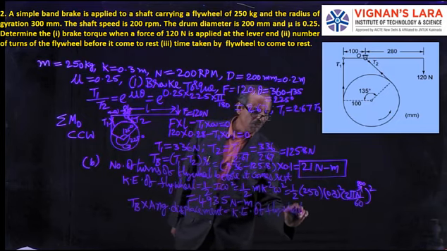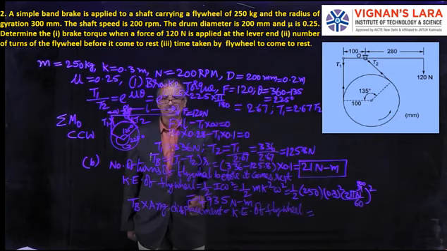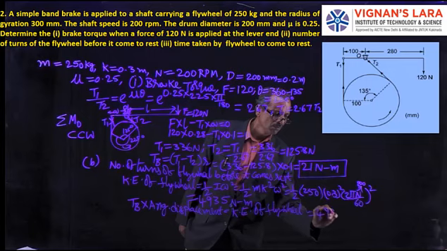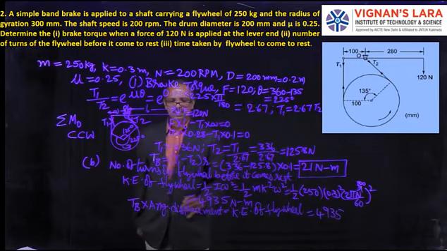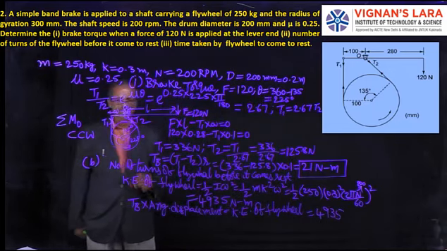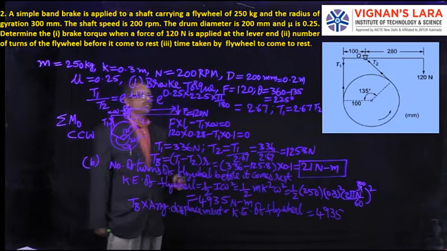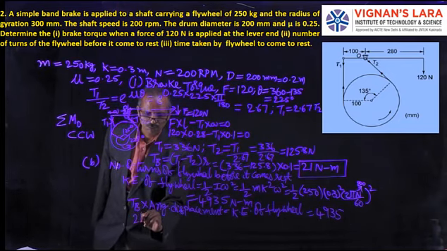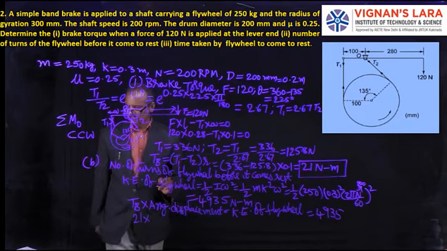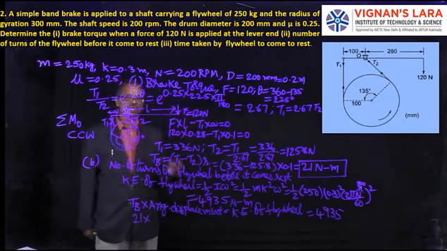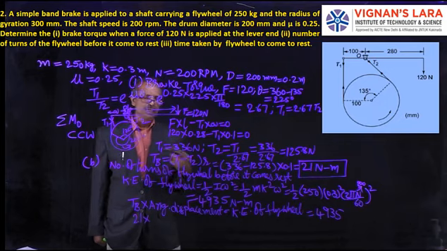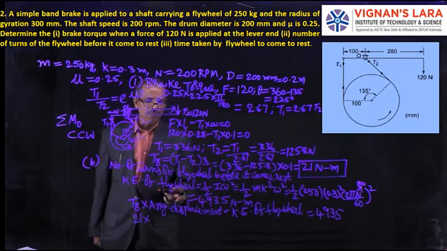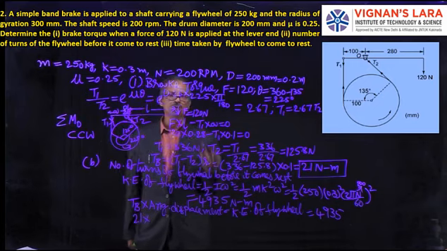So the KE of the flywheel we have just evaluated, that is 4935. What is this TB? TB we already got here, 21. Then what is this angular displacement? How many revolutions is it going to complete before coming to rest? Each rotation is 2 pi.